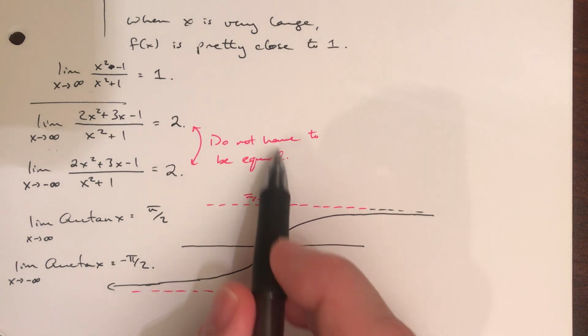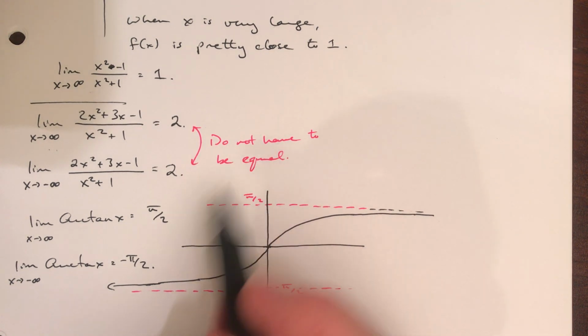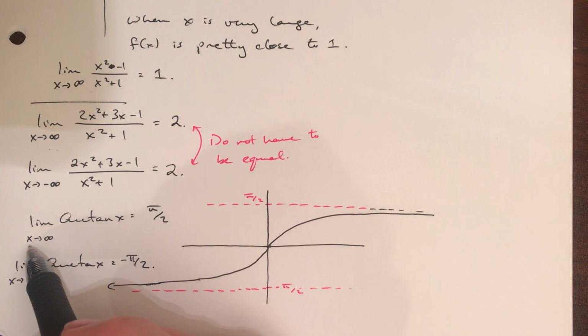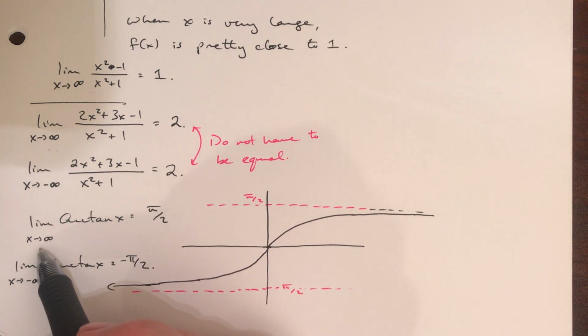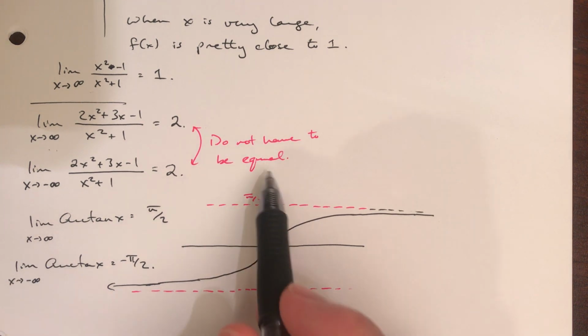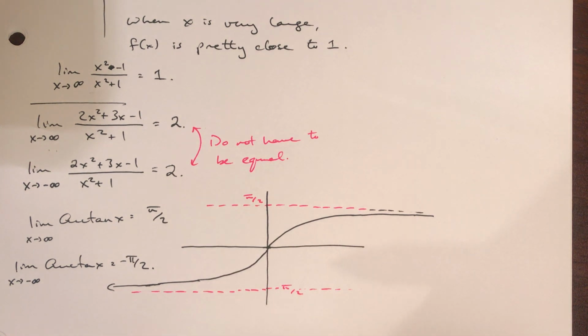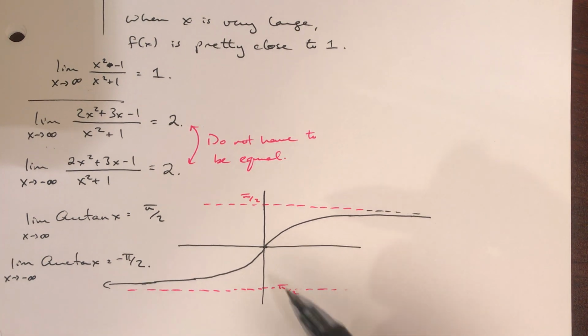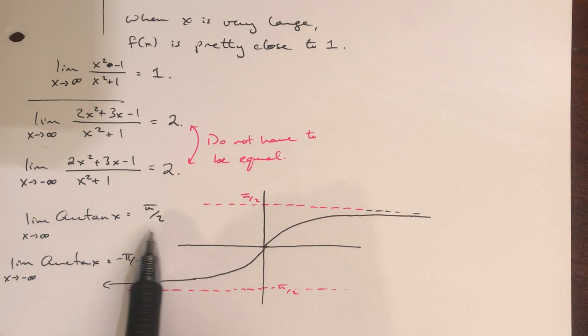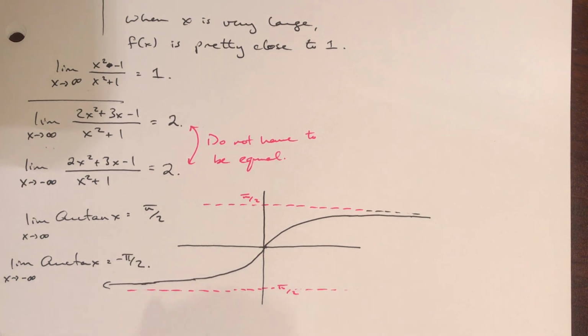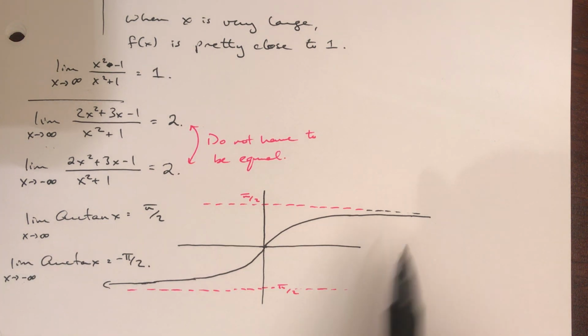So again, those left and right side limits, the positive infinite limit and the negative infinite limit, they don't necessarily have to agree. In some cases they will, but this is not a case of does not exist just because these are different, because we're looking at limits on two different sides of the x-axis.